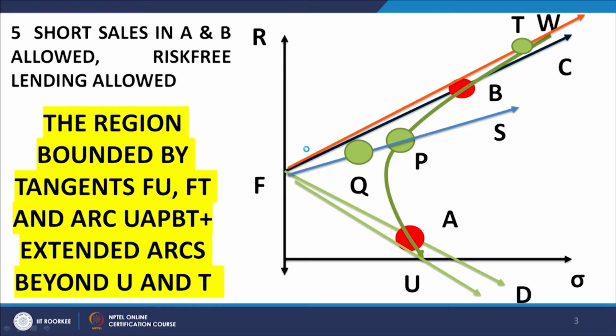Of course, what would be the composition here in the case of points lying between B and W? It would consist of B long and A short, and similarly in the case of extensions of the arc beyond A, it would comprise A long and B short.